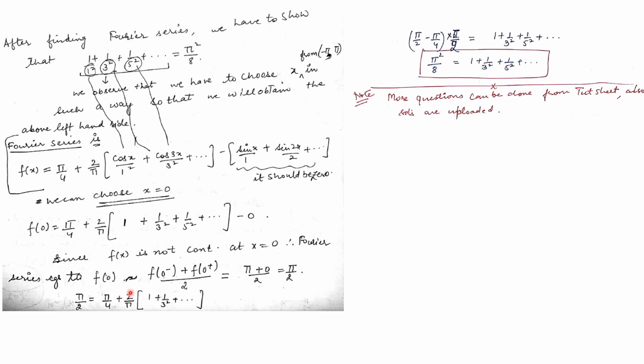In this case, this value will be the mean of left limit at 0 plus right limit at 0, right? So this value will be pi by 2. So substitute the value of f0 to be pi by 2 over here. Now just simplify this. We will get 1 plus 1 over 3 square plus 1 over 5 square is nothing but pi square by 8. And this is what we had to show.